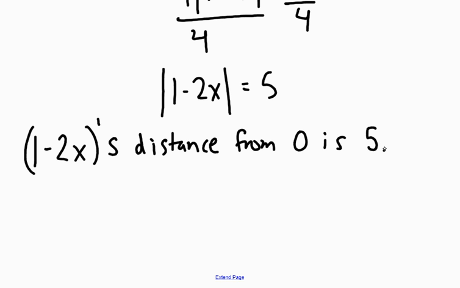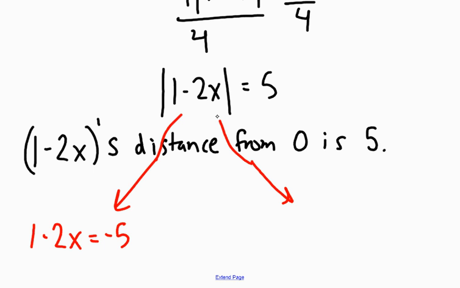That means that 1 minus 2x could be in one of two places. Either 1 minus 2x is located at negative 5, or 1 minus 2x is located at positive 5.